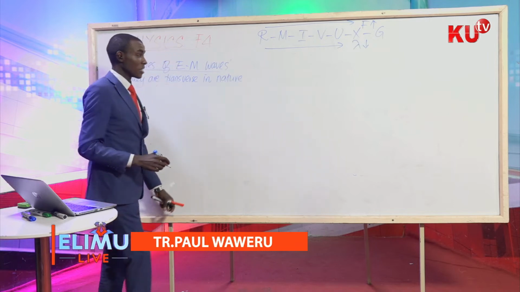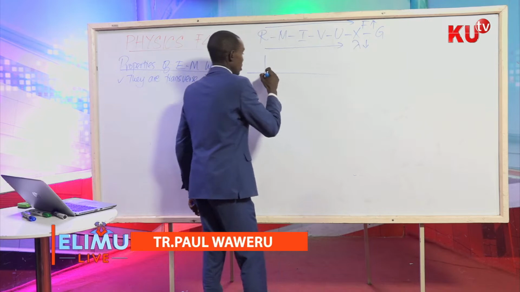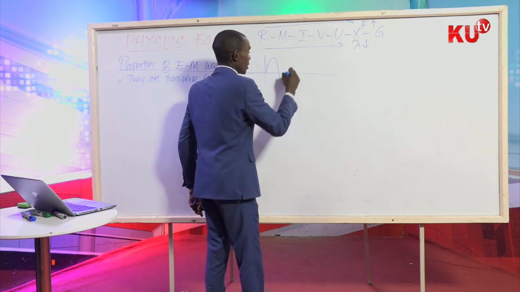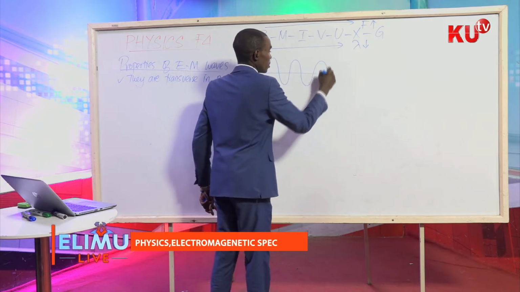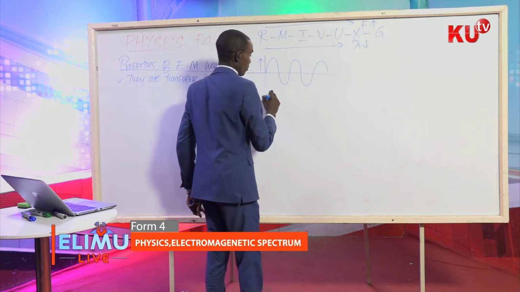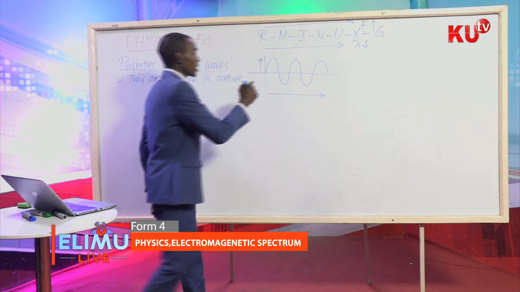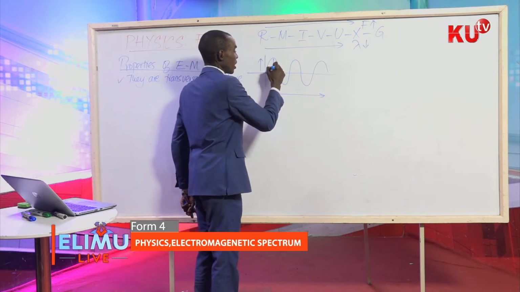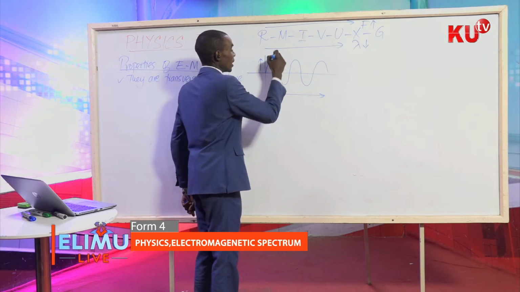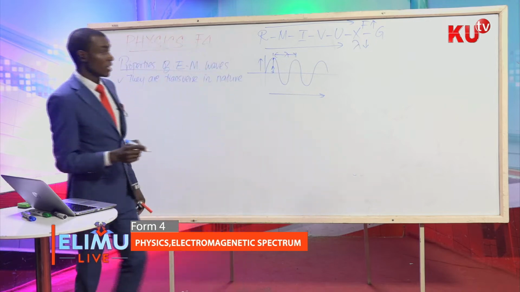What that means is that the vibration of particles is up and down, while the wave is moving from the left to the right, such that we can describe them in terms of amplitude and in terms of wavelength, as I have shown in this diagram.